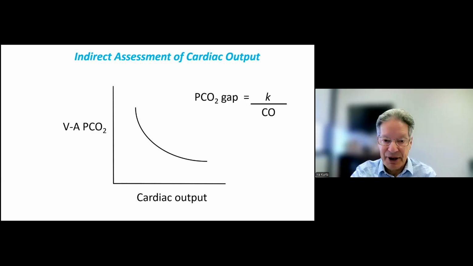As the blood passes to the cells, if you slow that flow down for each volume, you're going to have more carbon dioxide added per volume. And conversely, if the flow is very fast, you're going to have less carbon dioxide added per volume, and so the difference will be smaller.